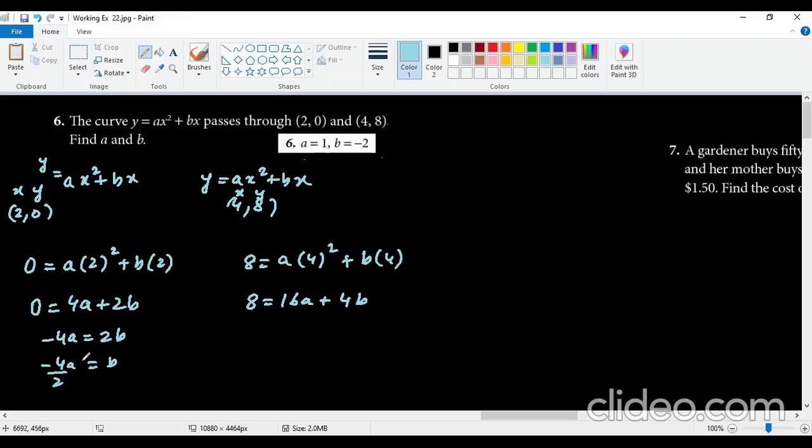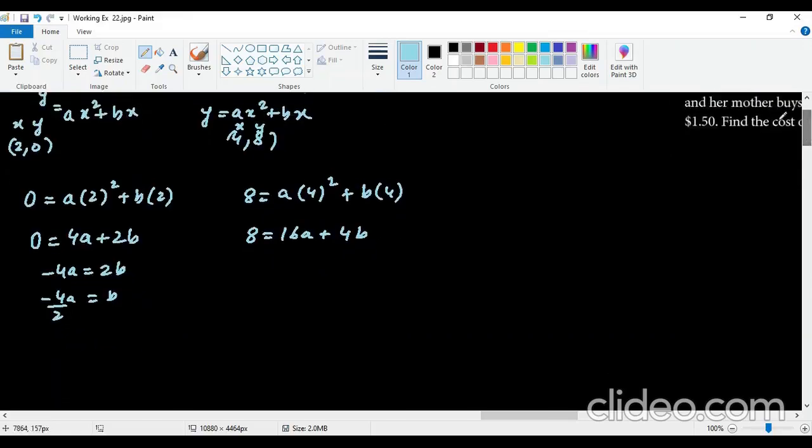That means the value of b is going to be minus 2a. I can write straight away b is equals to minus 2a. Now we know the value of b, which is minus 2a. Minus 2a equals b, or I can write b equals minus 2a. This is the value of b.